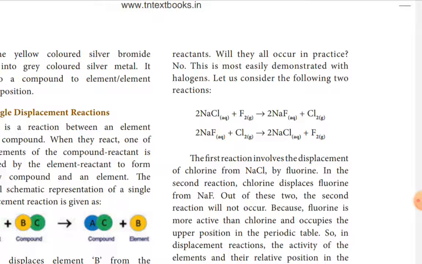Fluorine can easily displace chlorine because fluorine is more reactive than chlorine. So this reaction easily takes place. In the second reaction, sodium fluoride reacts with chlorine to give sodium chloride and fluorine. It is given in the form of an equation, but the second reaction will not occur, because fluorine is more reactive than chlorine.